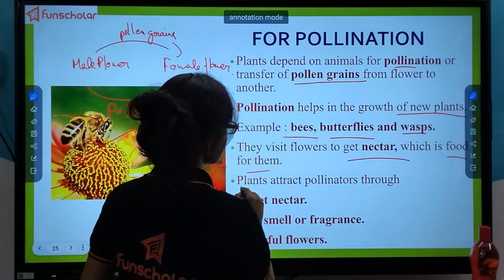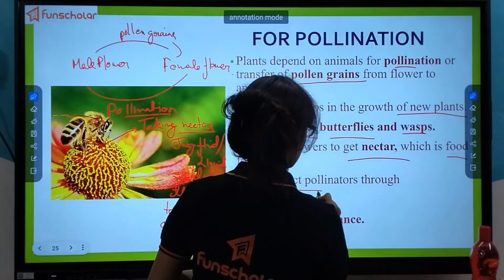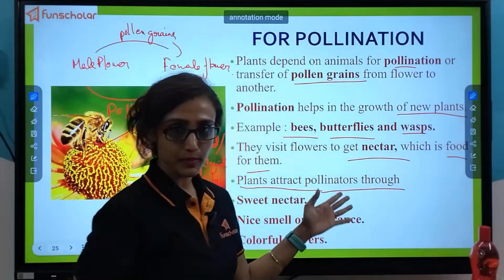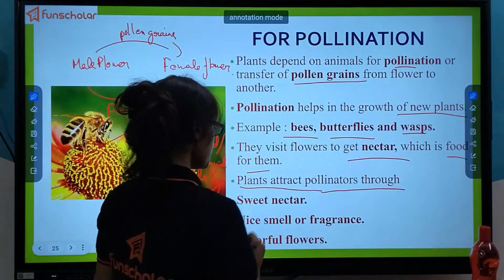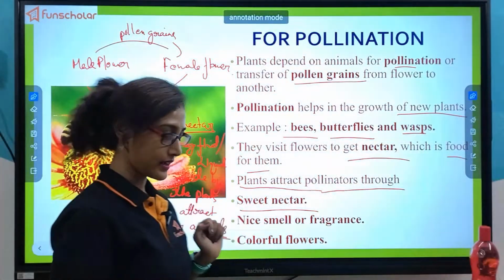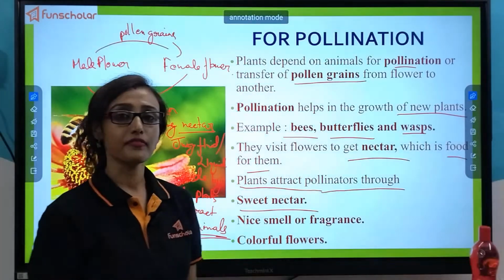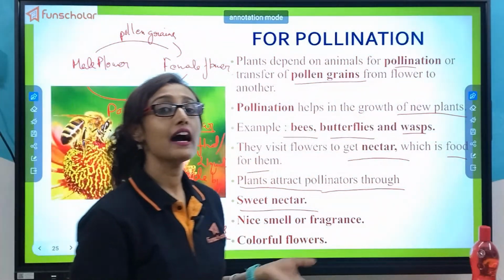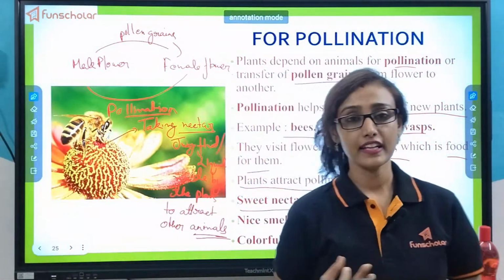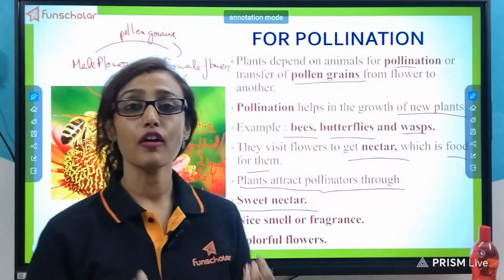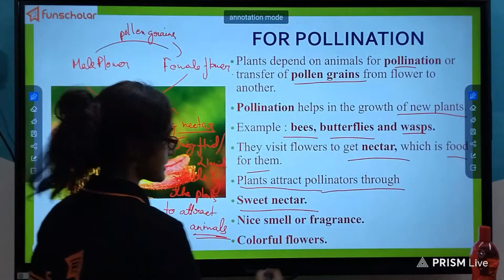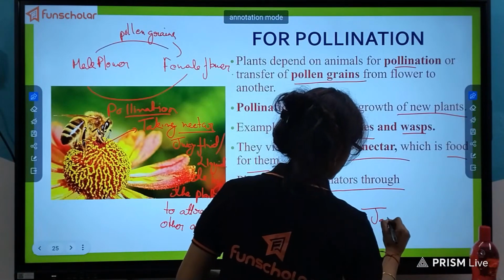Okay, the plants attract pollinators. Pollinators means the insects or any other animals, through sweet nectar, nice smell or fragrance. Even we are also very much addicted to the flowers that have good fragrance or very good smell, just like jasmine.